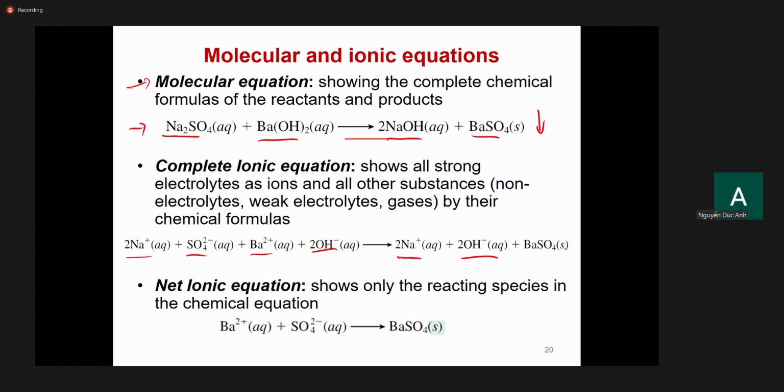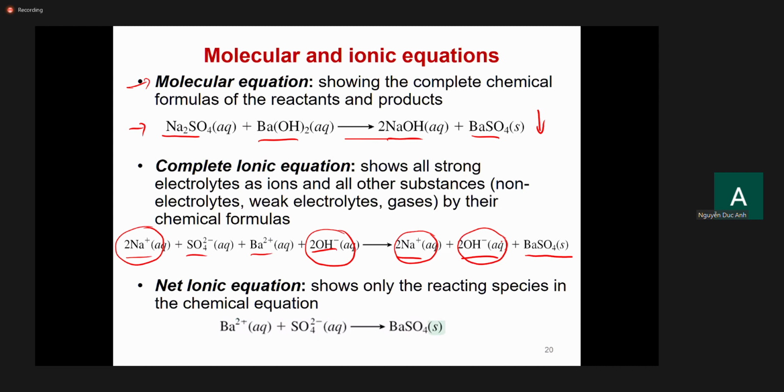And you write down barium sulfate because this one is a solid, it's not dissolved, it cannot generate ions anymore. Okay, let's write it as barium sulfate. And as you see, for the complete ionic equation, the sodium appears here, hydroxide appears here, and you also see sodium in the products, and hydroxide in the products.